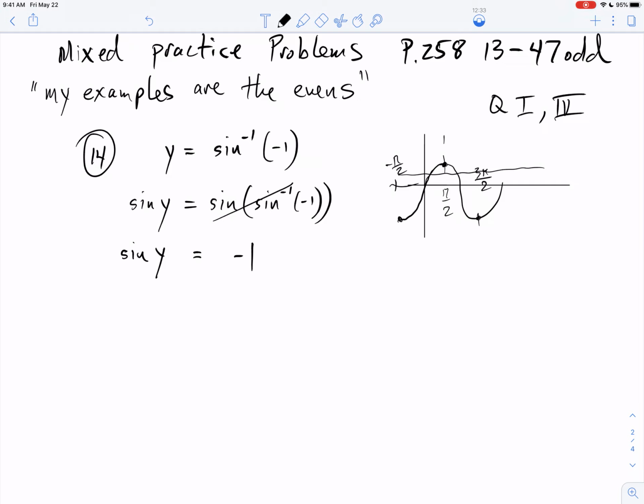Since the answer is negative, that's the answer they want for number 14. Now, I went through pretty much a little bit of concept there, but the actual answer, draw the picture they want. So for sine, I just look right here. That's where I partition this thing off.